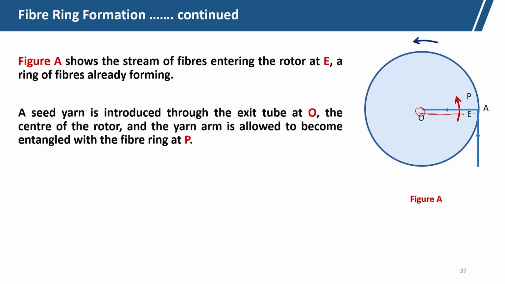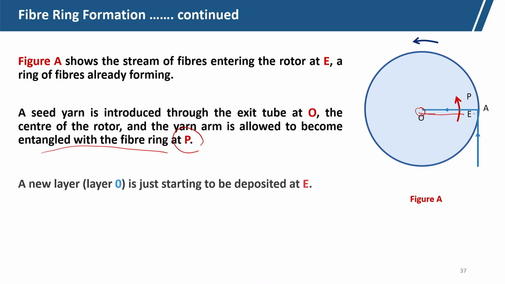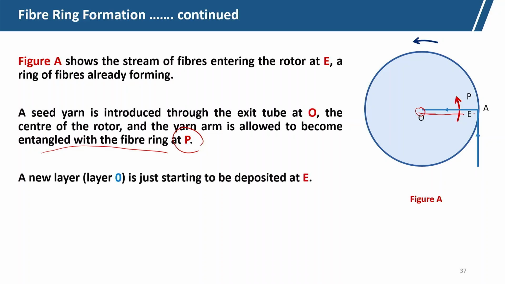The yarn arm is allowed to become entangled with the fiber ring at P, the peel off point. A new layer, which we can call layer 0, has just started to be deposited at E. So, a new layer is started.